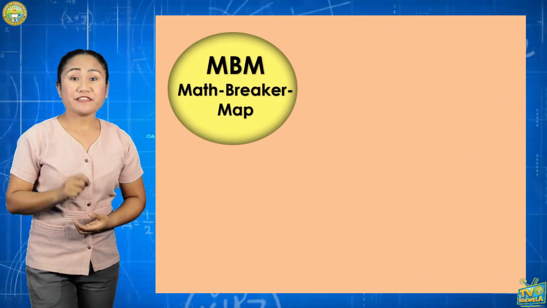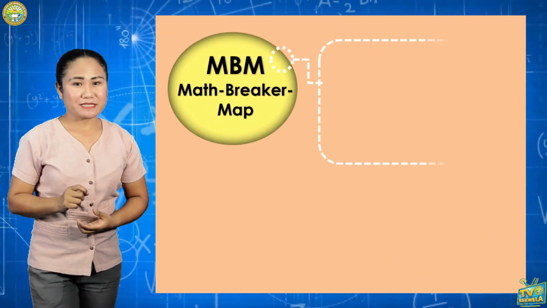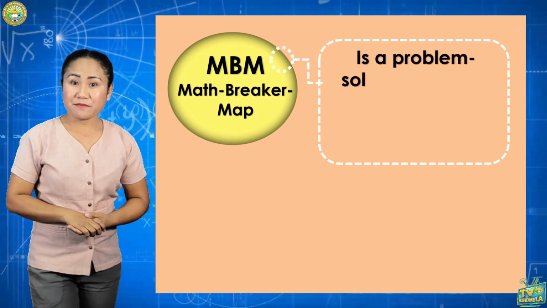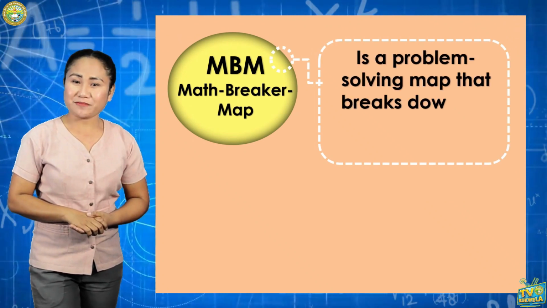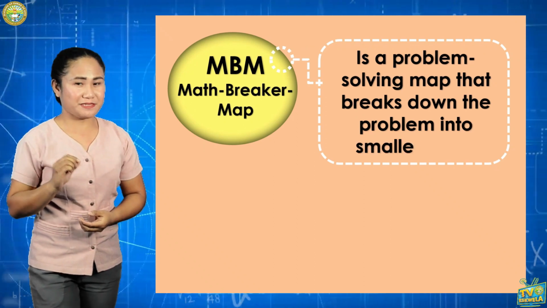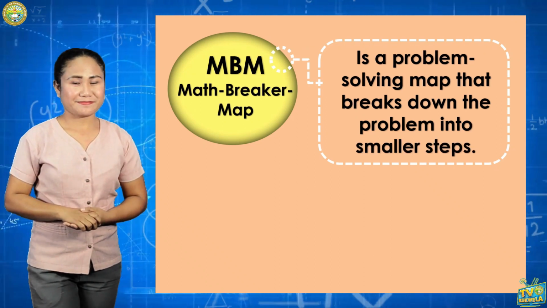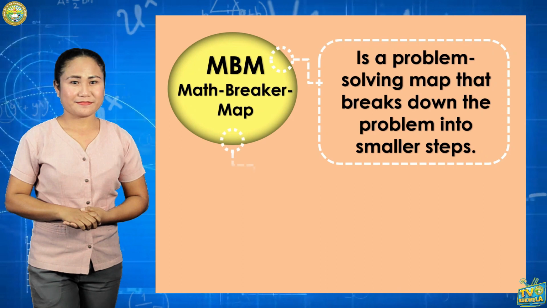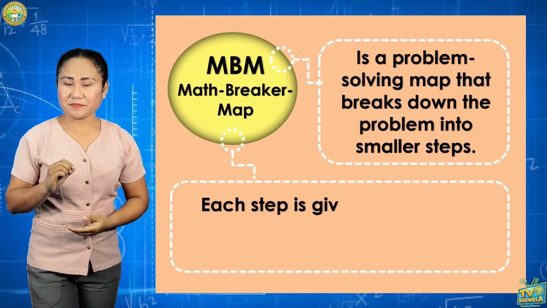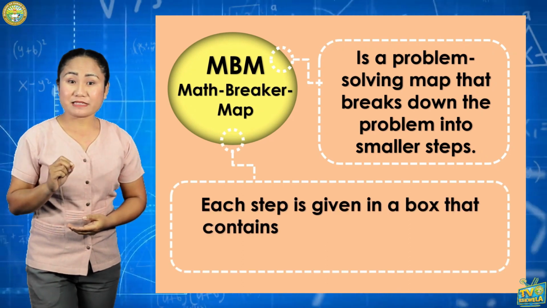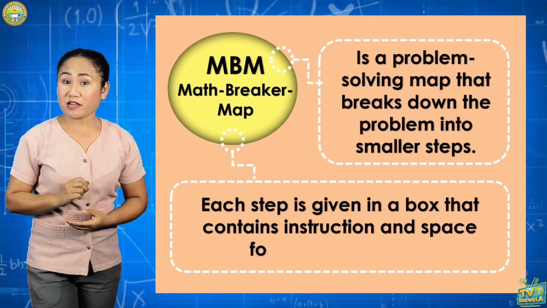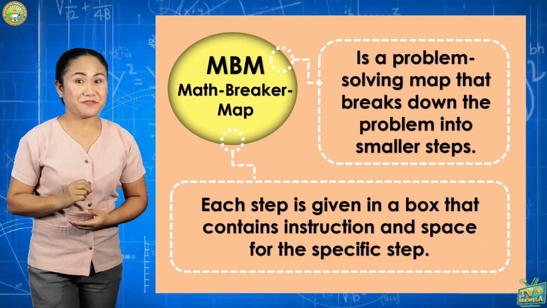MBM, or the Math Breaker Map, is a problem-solving map that breaks down the problem into smaller steps. Each step is given in a box that contains instruction and space for the specific step.